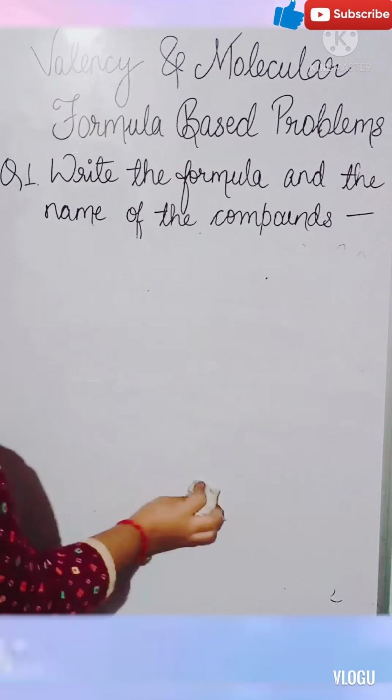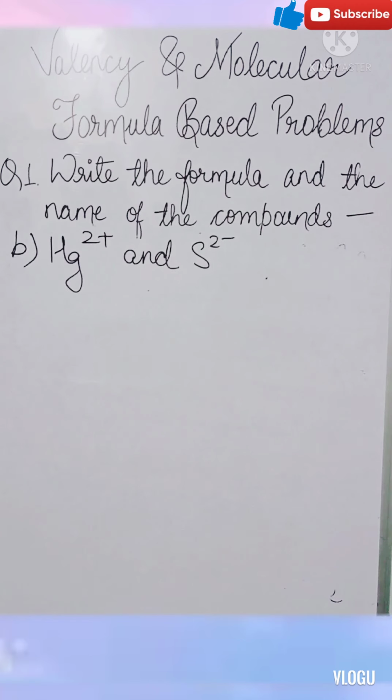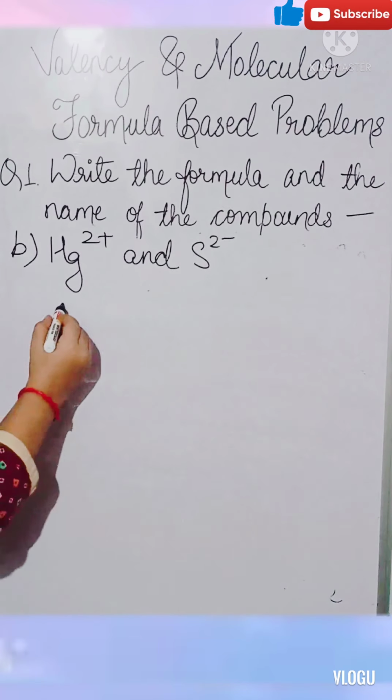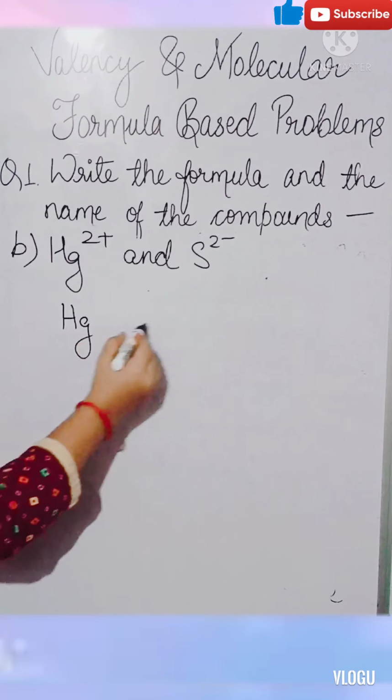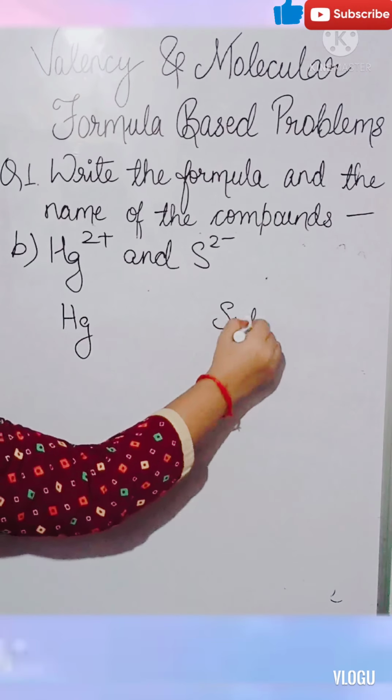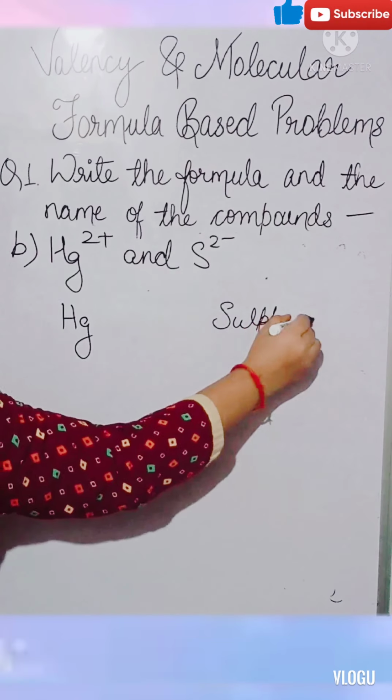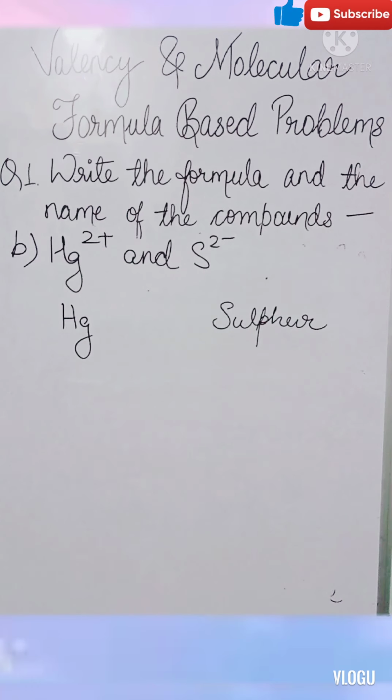So first let us determine what this symbol represents. So Hg represents mercury and S represents sulfur. But when we make the final molecular formula or compound, this sulfur will become sulfide.